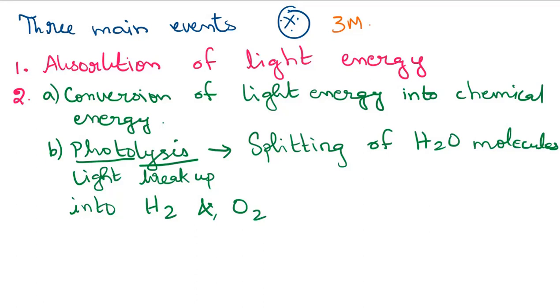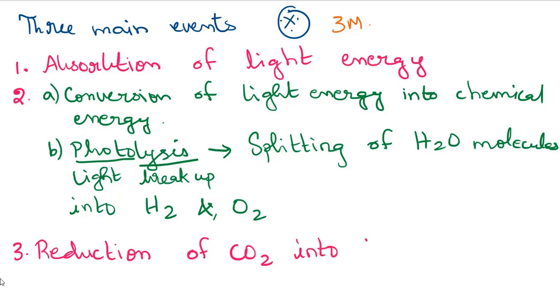So, two events occur at the same time. And the last event is going to be reduction of carbon dioxide into carbohydrates, which is nothing but our food or glucose. So these are the three main events of photosynthesis.